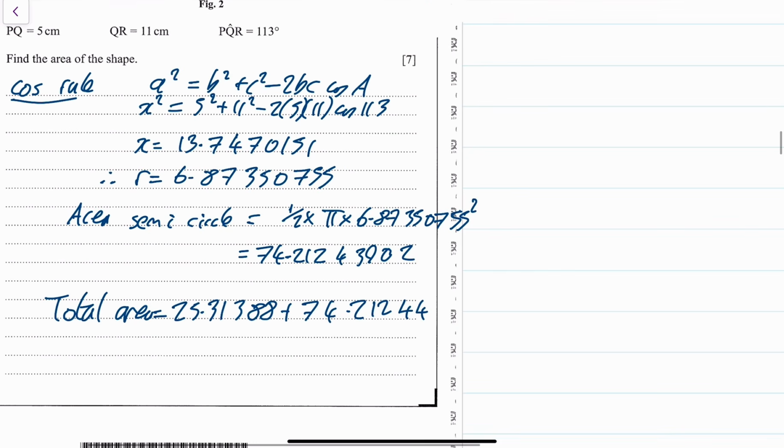I'll go to 5 decimal places for them both, and then that's going to be 99.5 centimeters squared to 3 significant figures. So you can see my accuracy, unless I've messed up putting it in the calculator, I've used more than enough degree of accuracy.